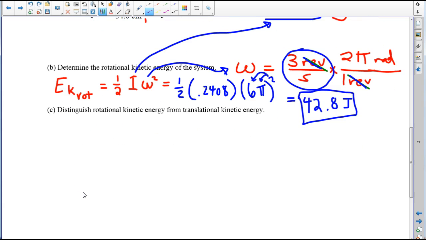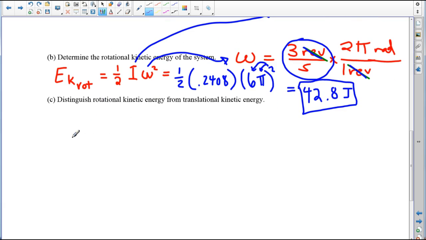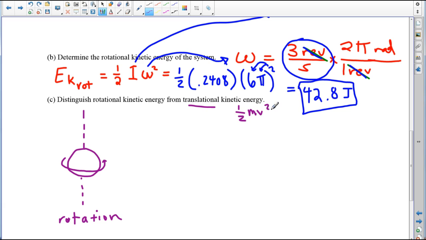For part C, rotational kinetic energy is the energy that an object has when it is spinning about an axis, like this. This is rotation. By contrast, translational kinetic energy, that's the 1/2 mv squared, refers not to spinning at some rate omega.